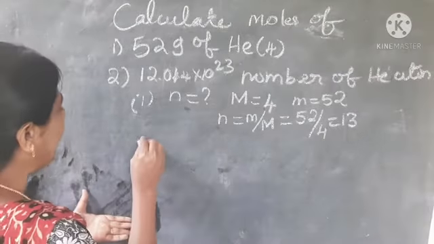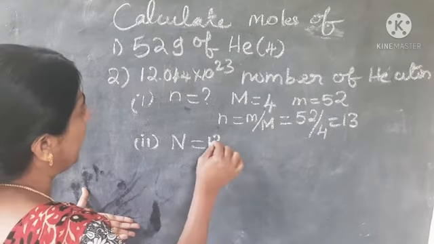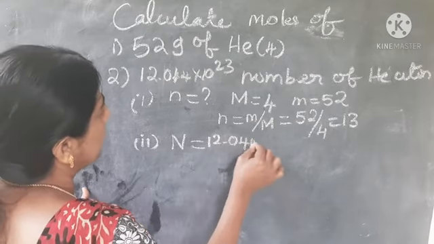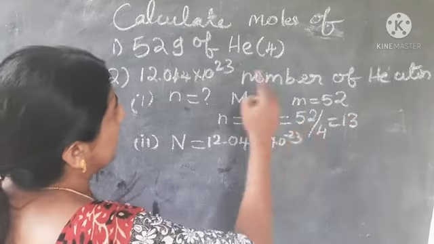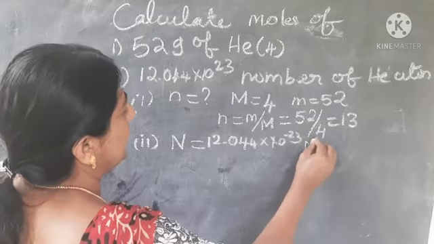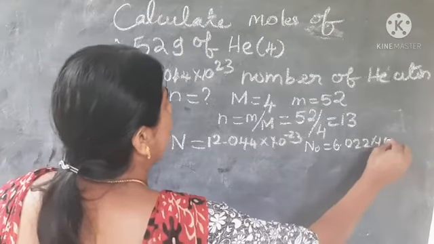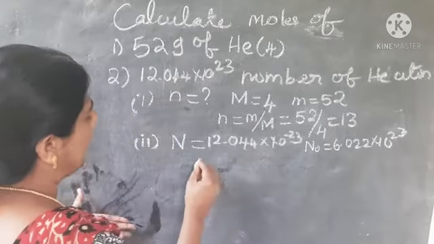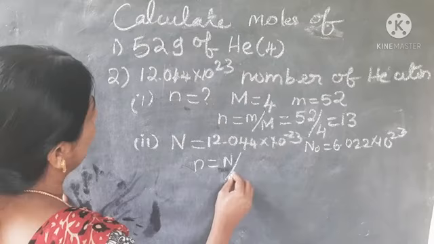What about in the second case? In the second case, capital N is given, that is the number of atoms. And Avogadro number we know, that is N0 is equal to 6.022 into 10 power 23. So which formula can I choose? n is equal to N by N0.